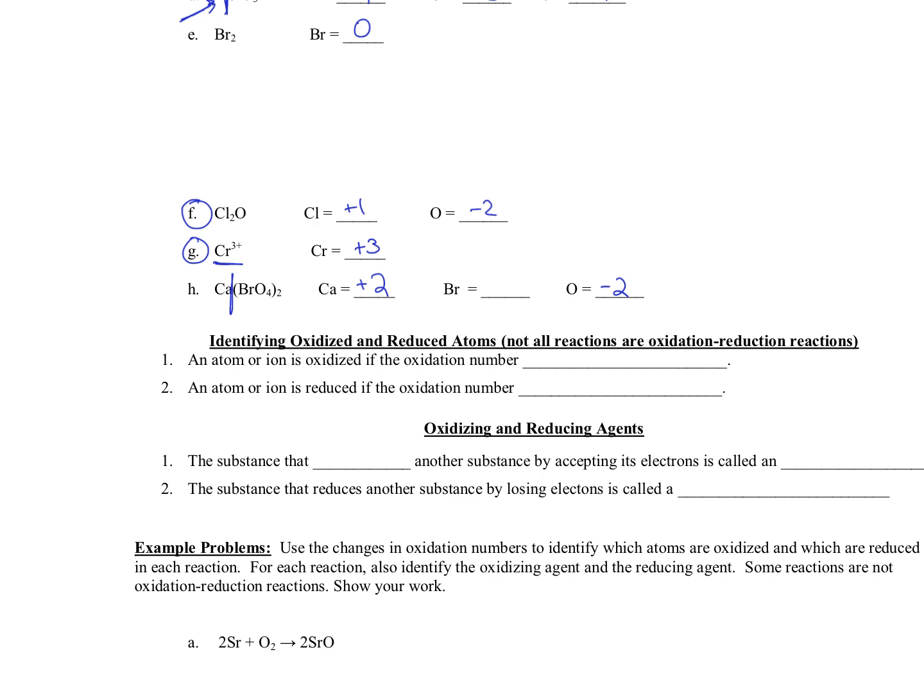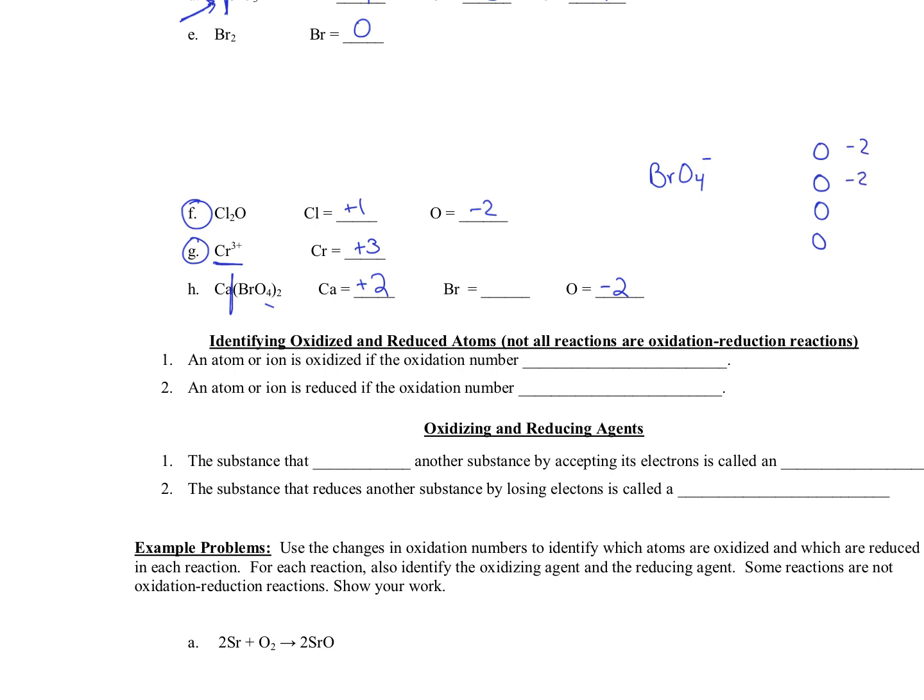And since there's 8 oxygens, one way to do this would be to add up all the negative charges and add the 2. But there's another way to do this too. You can just look at the perbromate ion, and you should have memorized that that is a -1 charge. And then I have 4 oxygen atoms.